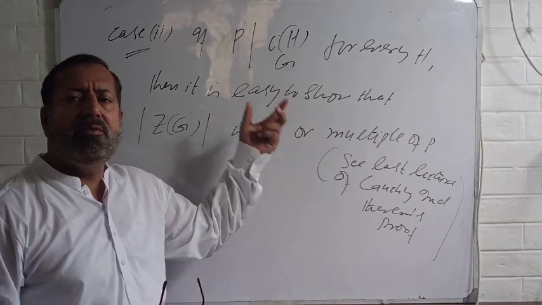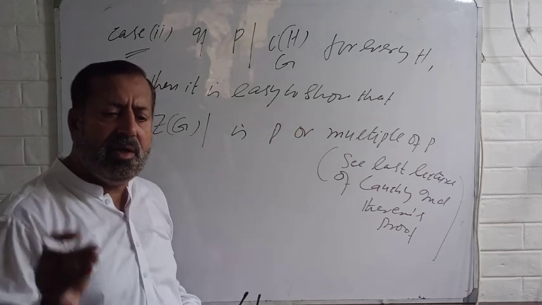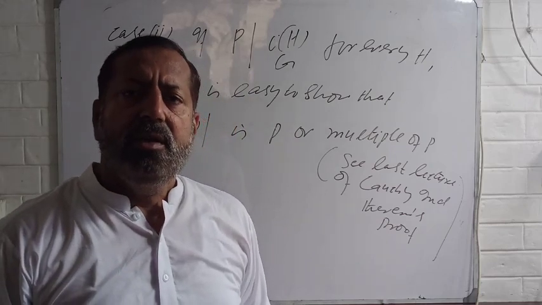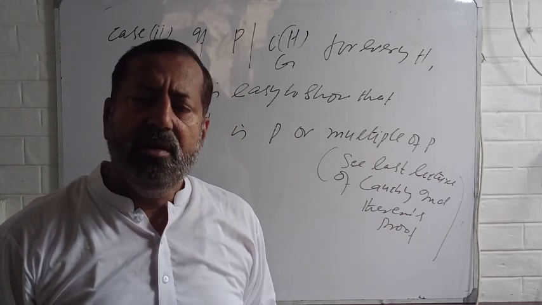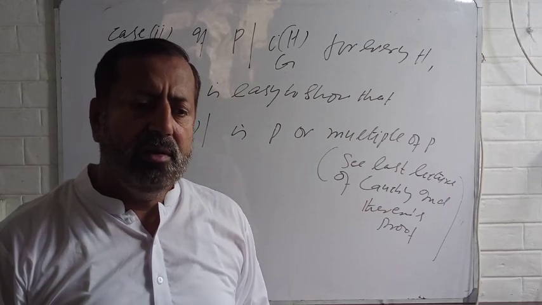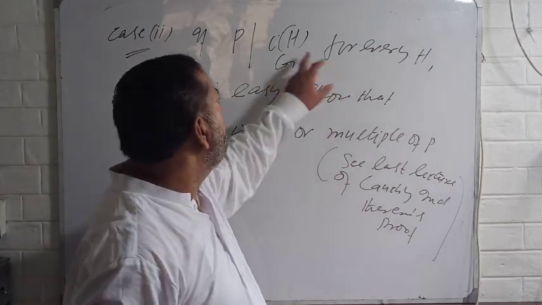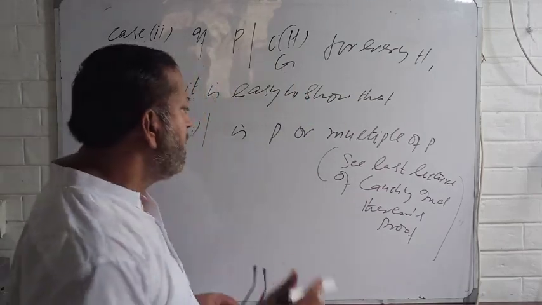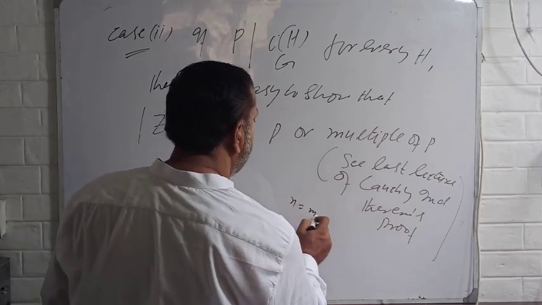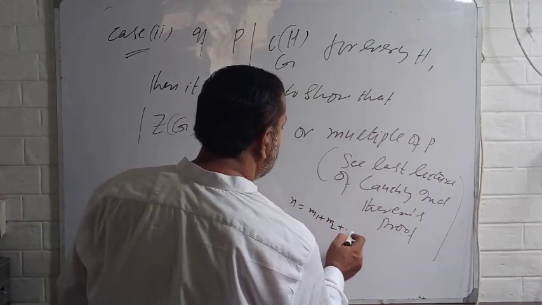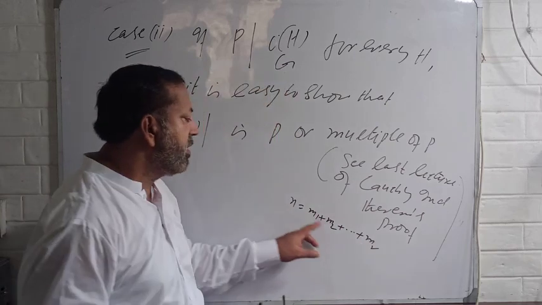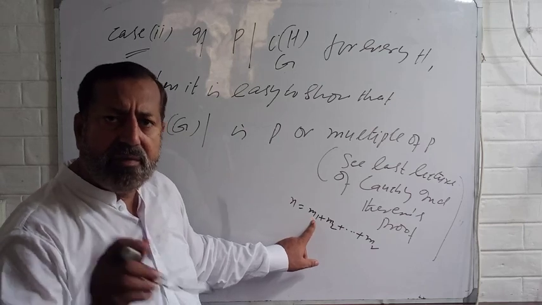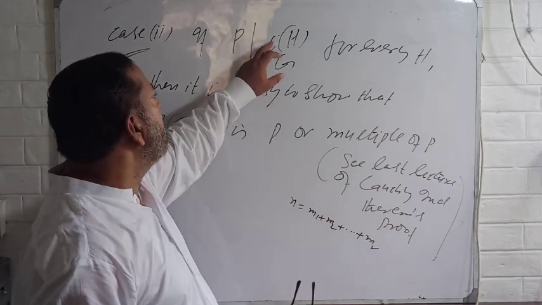You consider the class equation, then write n is equal to m1 plus m2 plus so on plus mr. Each mi on the right side is in fact the index of a normalizer, and the normalizer is a subgroup, so each index is divisible by p.